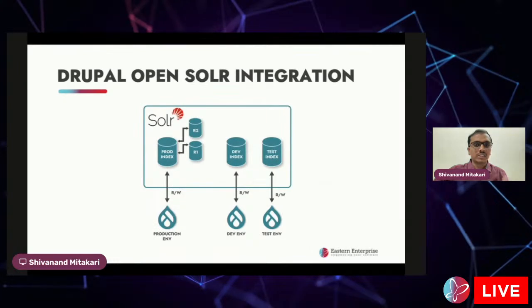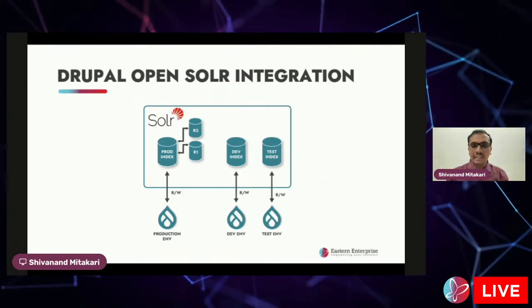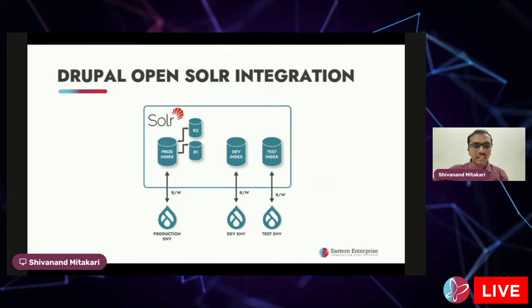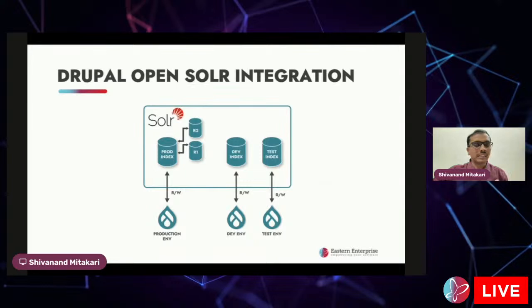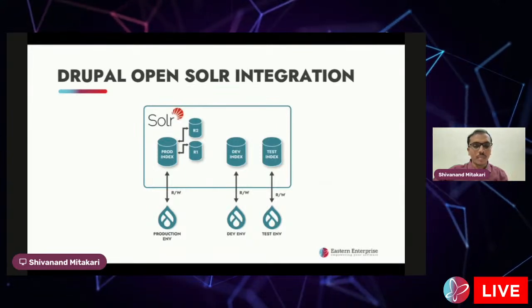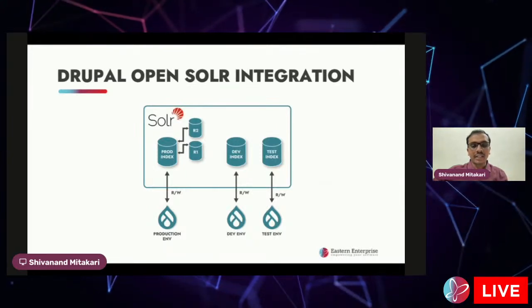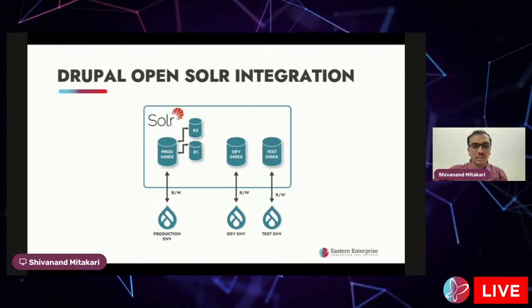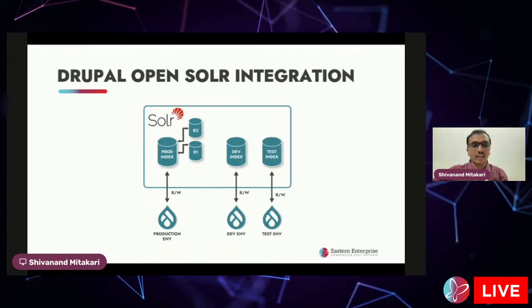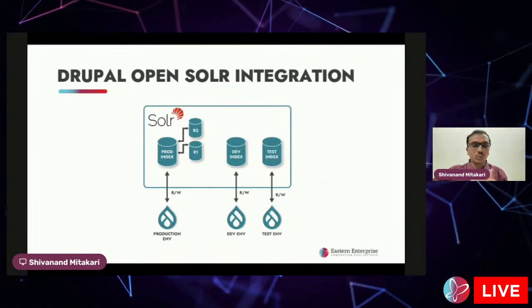Now let's move to the Drupal Open Solar integration. As you can see in the slide, we can create an Open Solar index in the Open Solar website, which we'll see in more detail in the demo. But this is the way we can do the integration. You can see at the bottom there are different Drupal environments, dev, test, and production, and we can connect these environments to Open Solar.